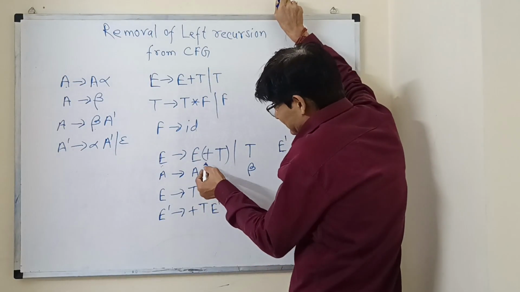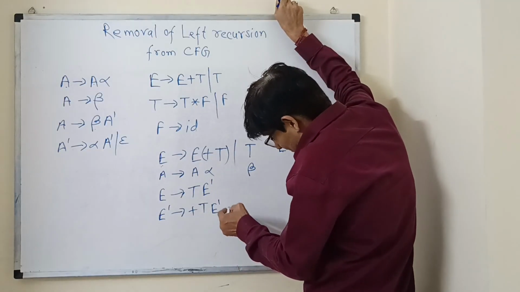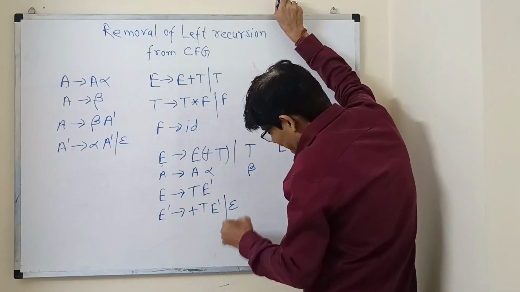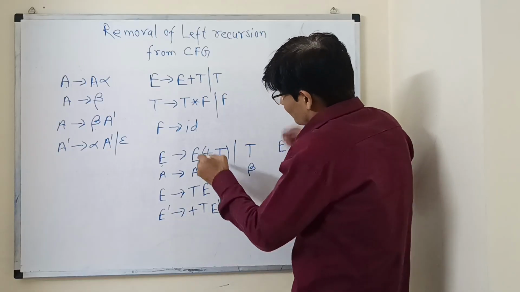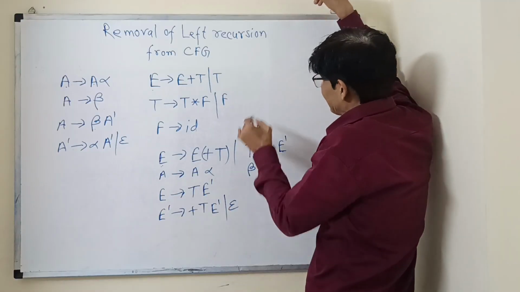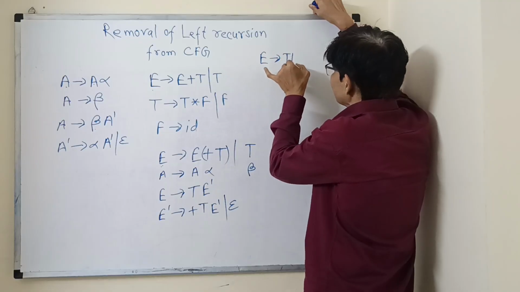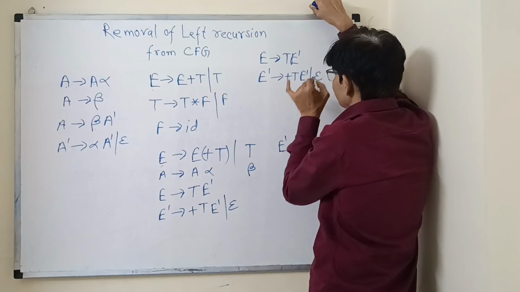There is only one alpha, so only one production will be there like this. Now one more production will be there: E dash gives epsilon. After removal of left recursion for variable E, we have the productions E gives T E dash, and E dash gives plus T E dash and epsilon.